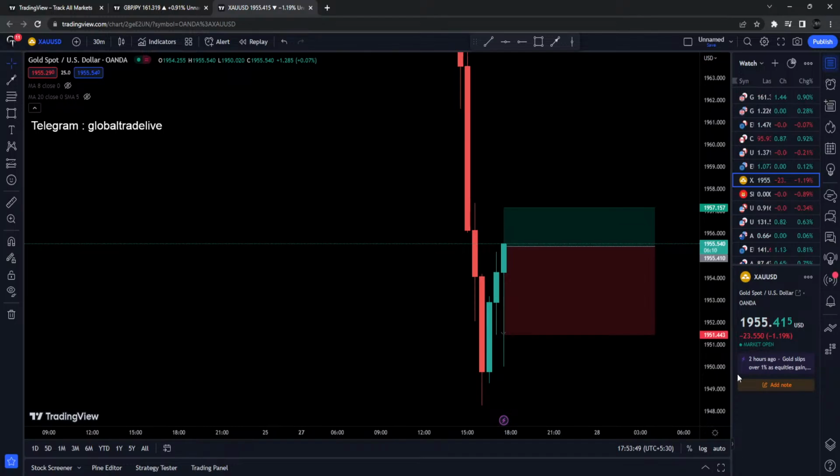Okay, I just got this trade over here. I have entered, and right now in profits, keeping my stops at 1951.443.